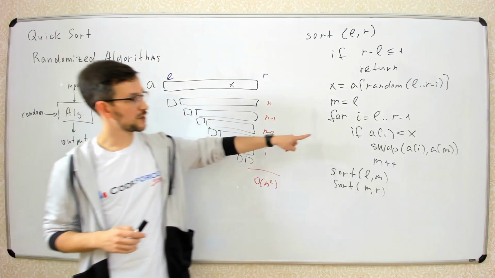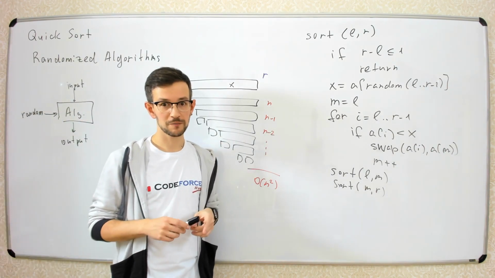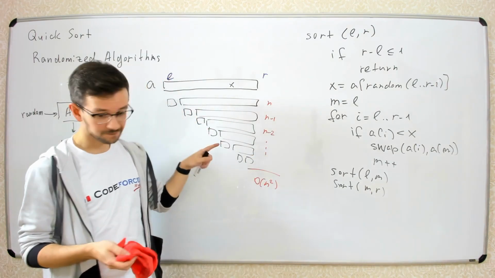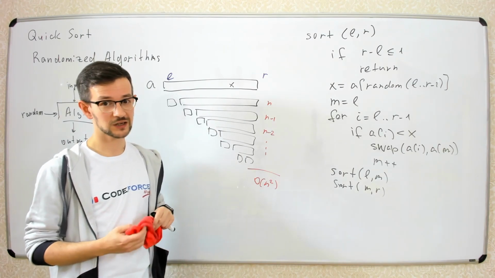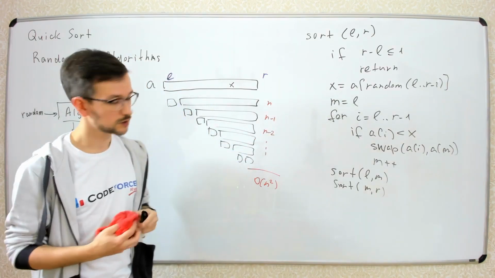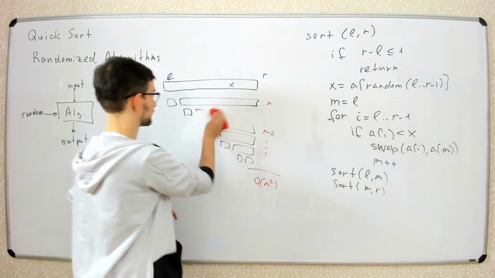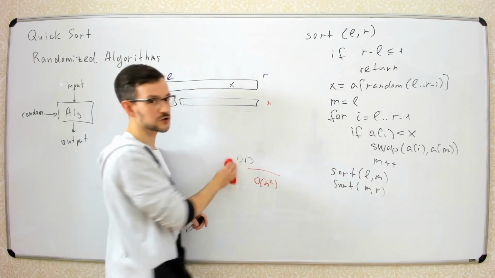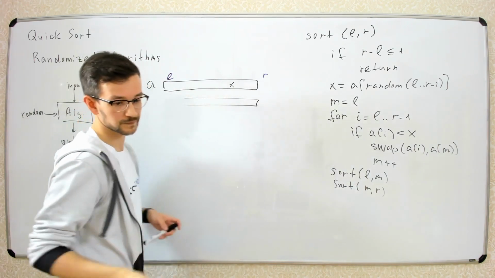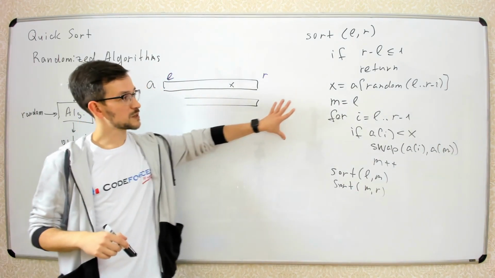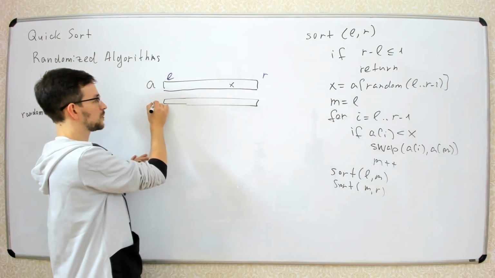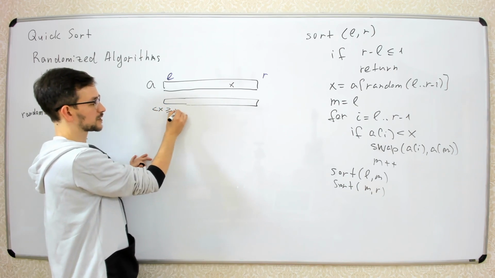And actually, this implementation may go even worse. So what happens in this implementation if we pick a minimal element as x? Very strange thing will happen. If we pick the minimal element as x, we'll split the array into two parts: elements less than x and greater or equal to x.